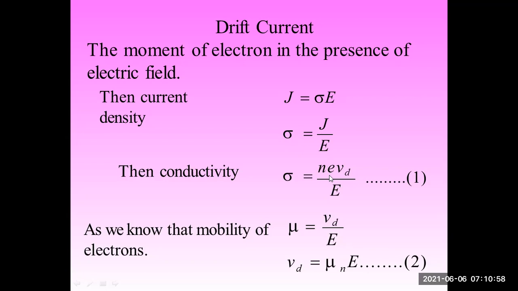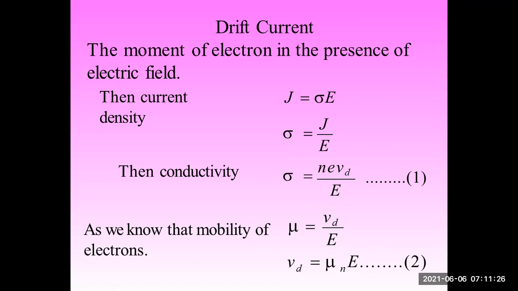In the lower classes, you had the information that J is nothing but n e vd. So instead of J, we can write sigma is equal to n e vd by E. That is equation number 1. This is the mathematical relation of conductivity, that is sigma is equal to n e vd by E.